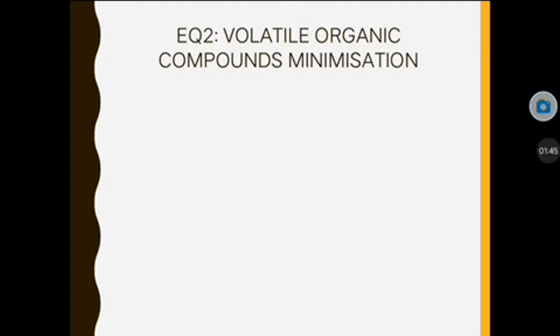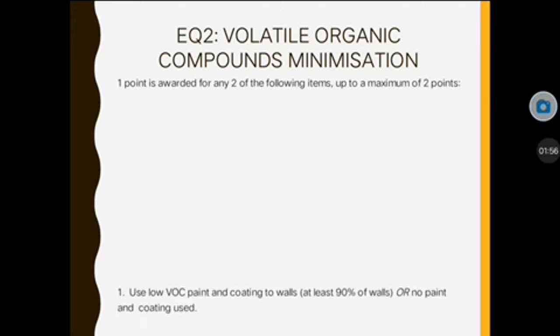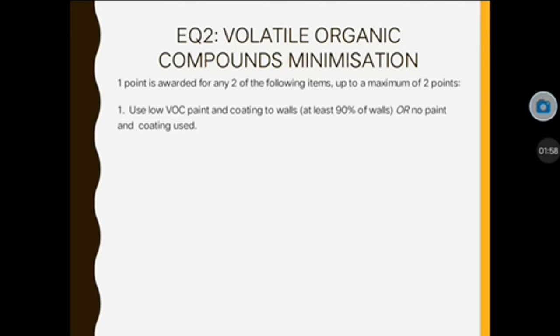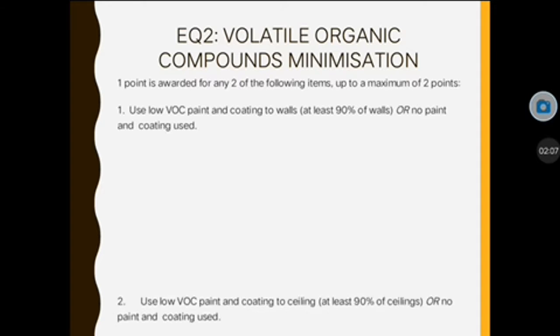Then, volatile organic compounds minimization. 1 point is awarded for any two of the following items, up to a maximum of 2 points. First, use low VOC paint and coating on walls, at least 90% of walls, or no paint and coating used.